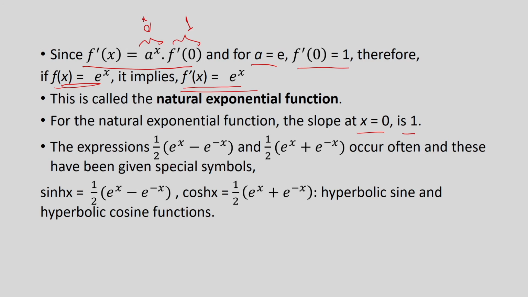The expressions half of e to the power x minus e to the power minus x and half of e to the power x plus e to the power minus x occur often, and these have been given some special symbols. sinh x is called the hyperbolic sine function, and this is equal to half of e to the power x minus e to the power minus x, and cosh x, the hyperbolic cosine, is equal to half of e to the power x plus e to the power minus x.